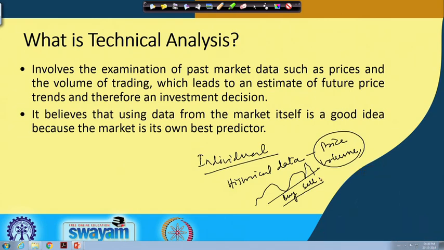That is why technical analysis does not consider any kind of economic fundamentals. Economic fundamentals are not considered whenever we talk about technical analysis, and by using price and volume data we try to estimate the future price trend.